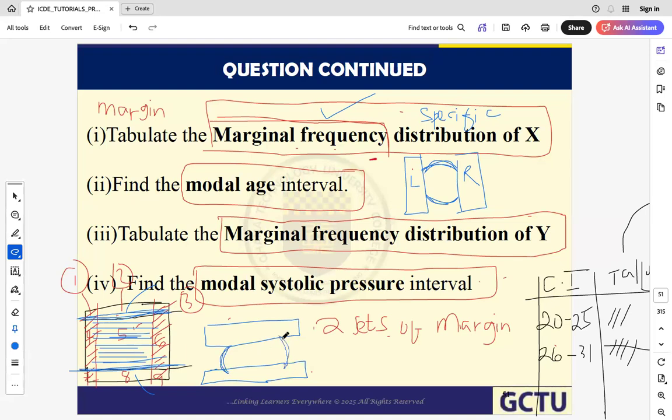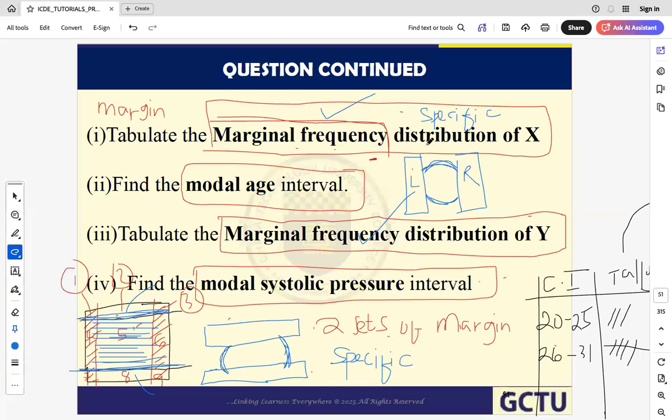When we connect the two, it's going to give us another marginal frequency where we'll have specific information the doctor can use to take a decision.